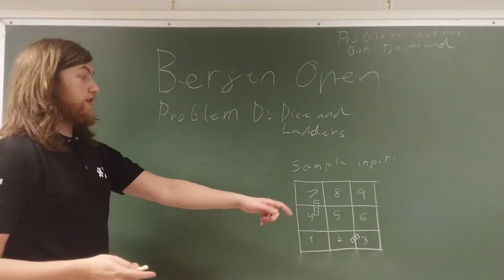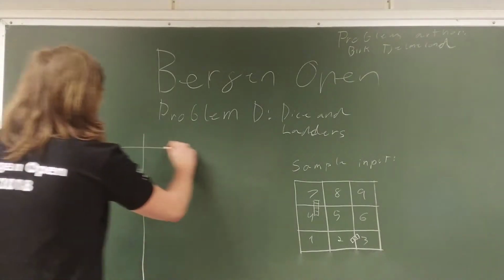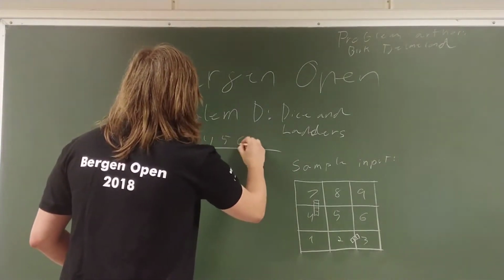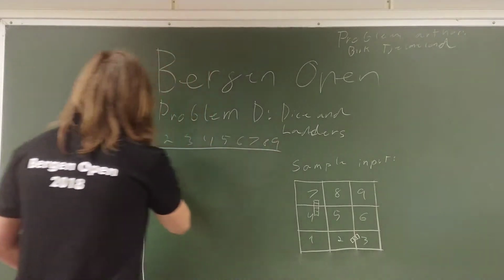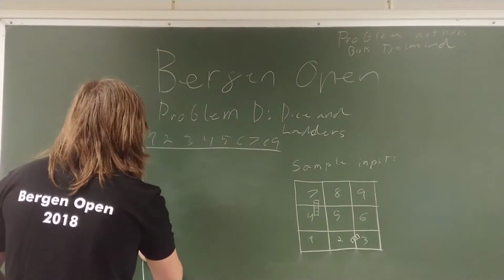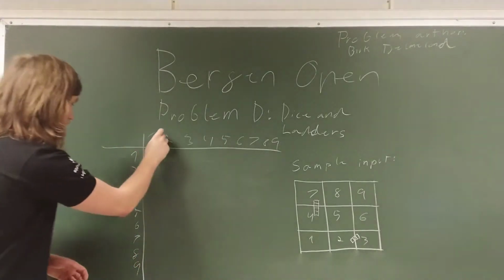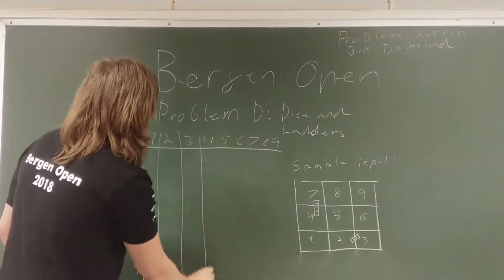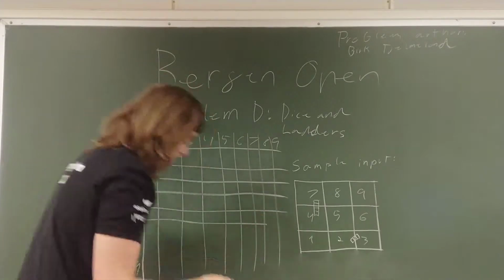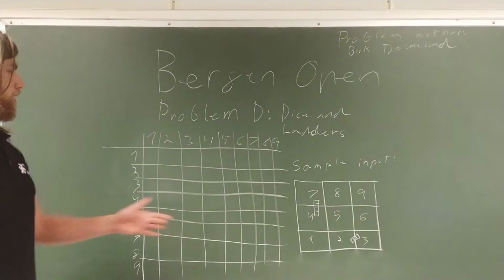In this case, we will have a 9 by 9 matrix. Okay, so here is our matrix.